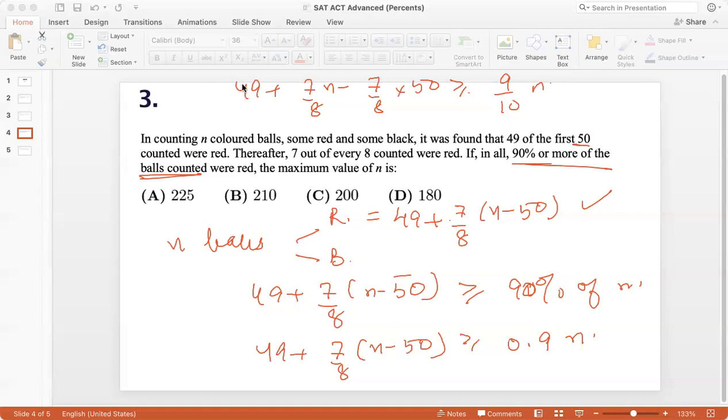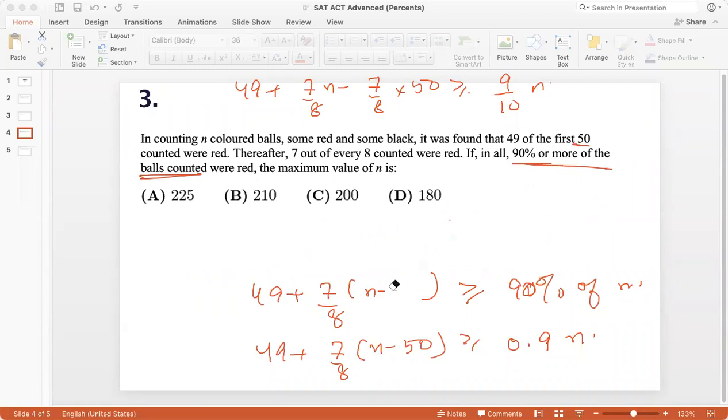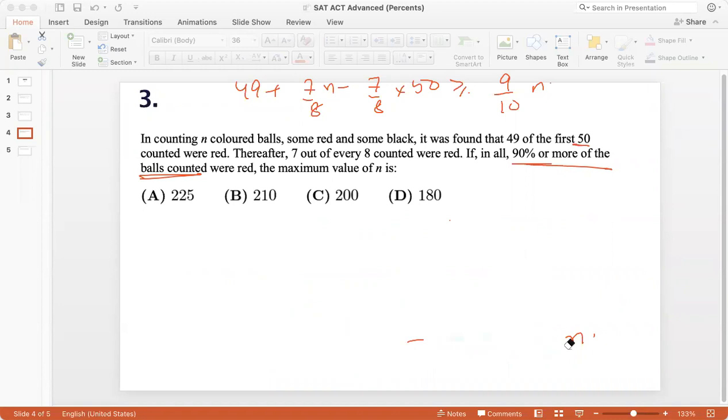So let's clear this. And okay, so 49 minus 7 by 8 into 50 is greater than or equal to 9 by 10 minus 7 by 8 n.